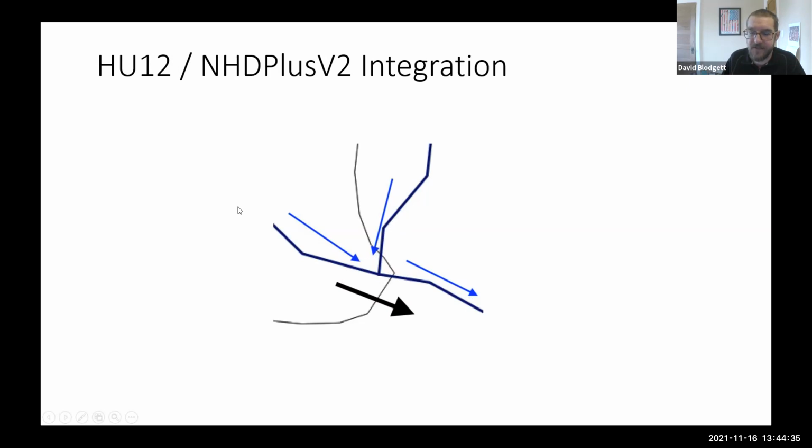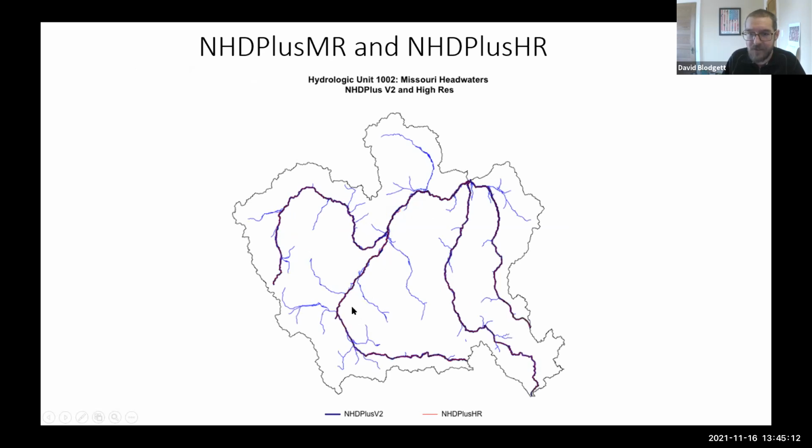So the big black line is saying, okay, the topology of the hydrologic units, which are just boundaries, is saying that things flow this way. The topology of the river network is saying that there's actually some flow that goes into this one and then out. We can gloss over this geospatial tagging in and leaving by saying this flow line goes to this mainstem, and this hydrologic unit is part of this mainstem, and move on. We don't need to worry so much about the minutia of how the confluences relate to each other.